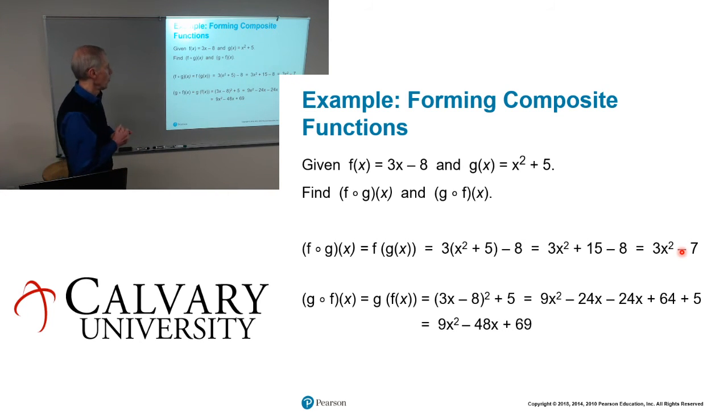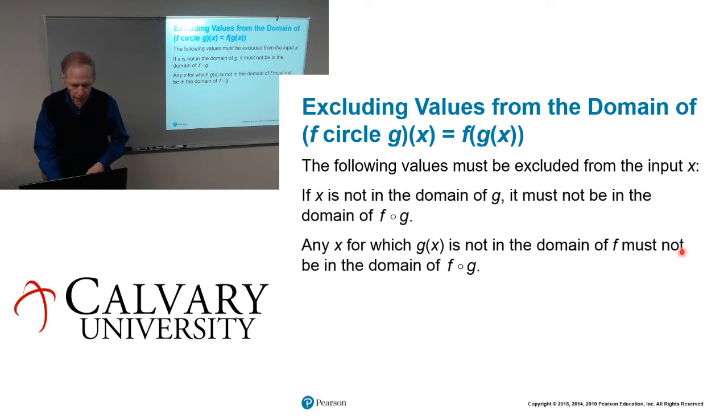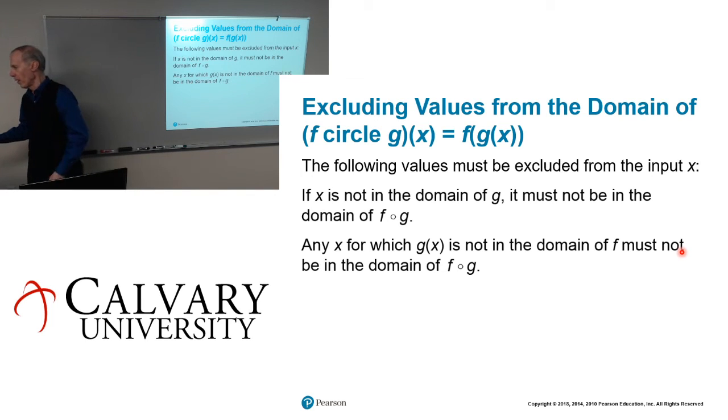So even though it's not recognized at the very beginning, there are a lot of functions that appear to be more complicated, and they are, which are actually compositions of simpler functions. All right, so the concept of excluding values of the domain, and you need to interpret up here, apparently this f circle g means f of g of x, or composition.